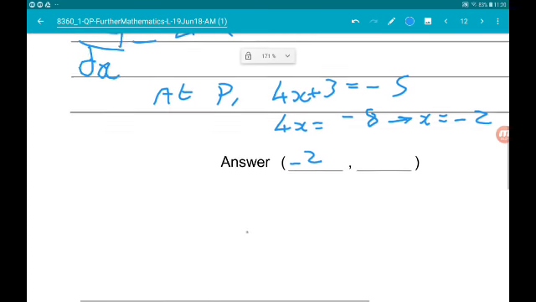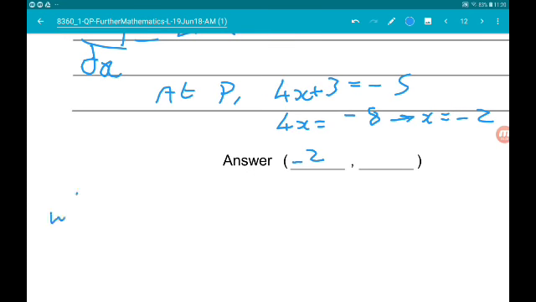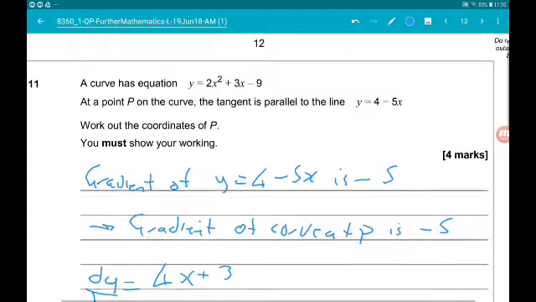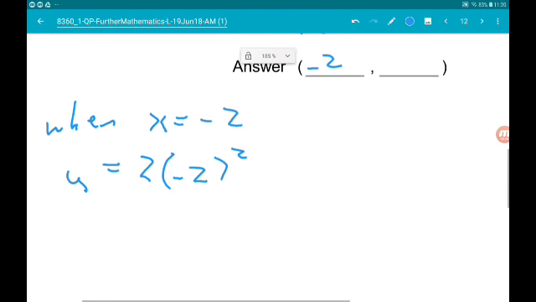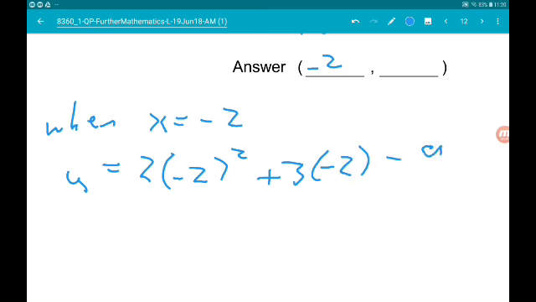So, when x is minus 2, y is 2 lots of minus 2 squared, add 3 times minus 2, minus 9.